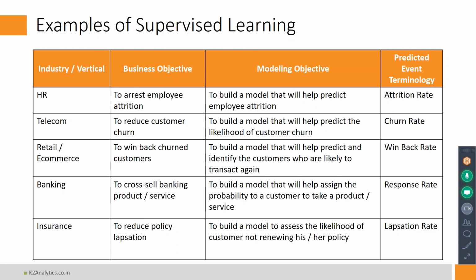A customer does not require all of them at a given point of time. For example, a customer who requires a personal loan does not require a fixed deposit at that moment, but that does not mean I'm not in need of a fixed deposit.